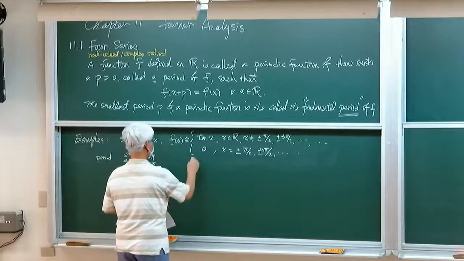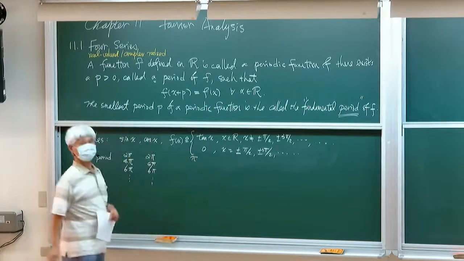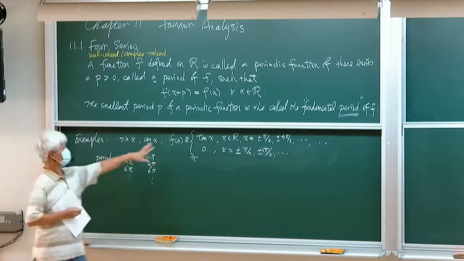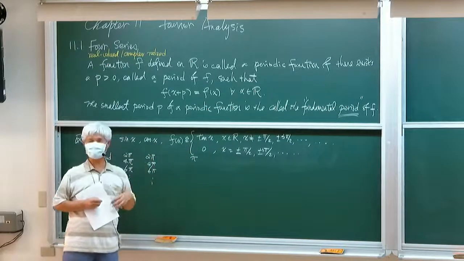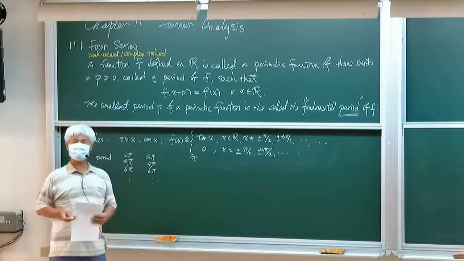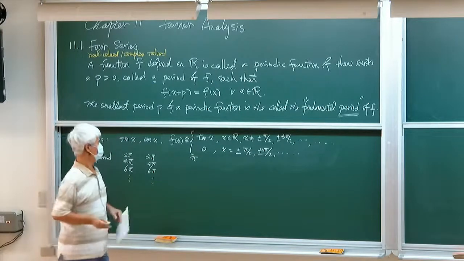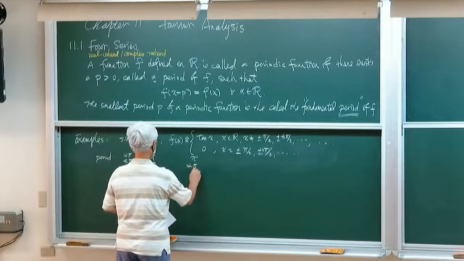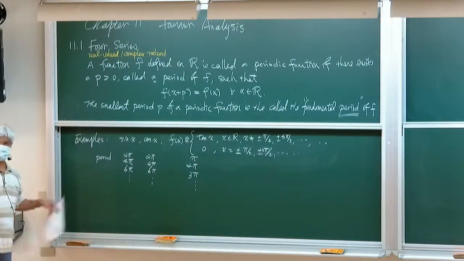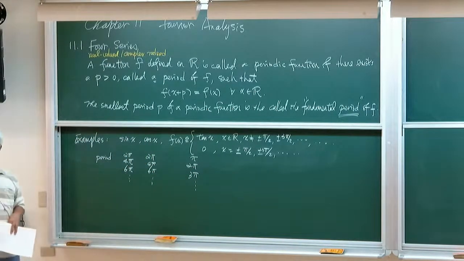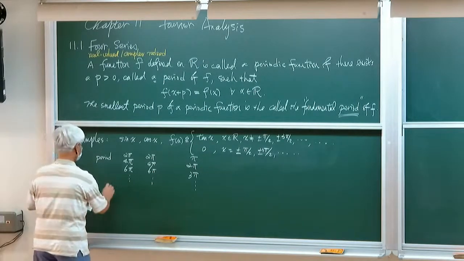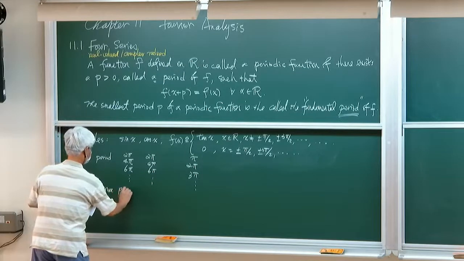But for this function, the smallest period will be pi, for tangent plus zeros at the points where the tangent function is not defined. Okay, 2 pi, etc. So these are familiar examples for you. So they are periodic functions.